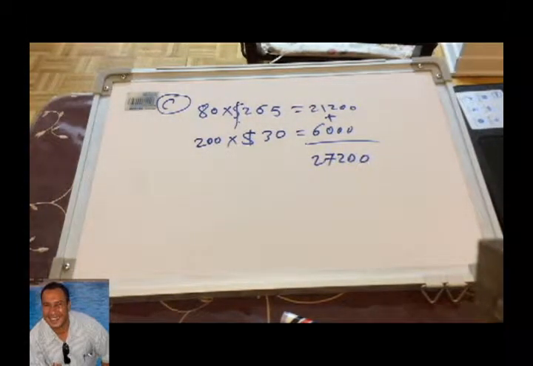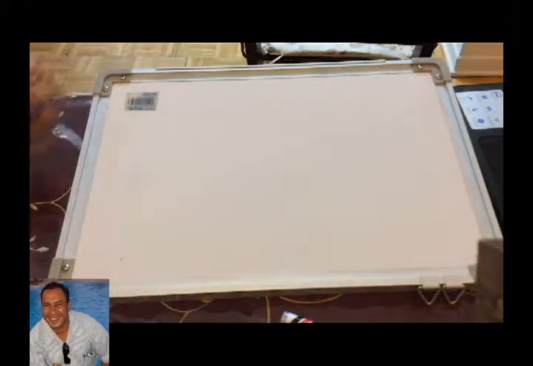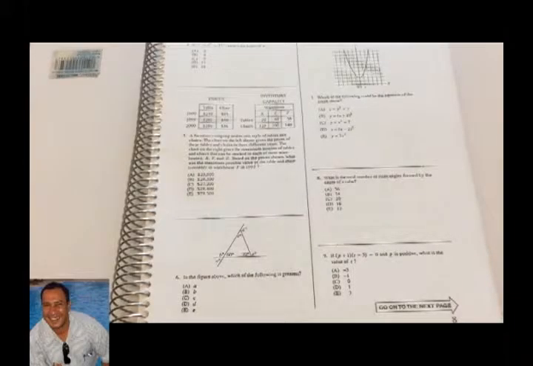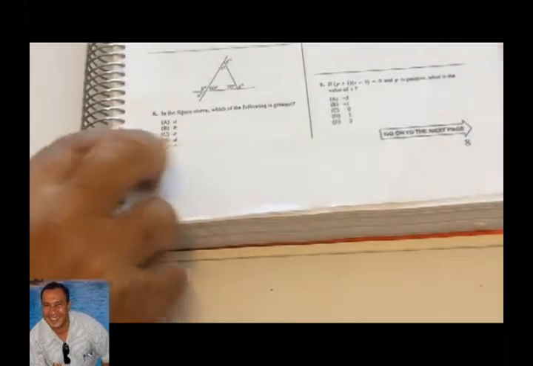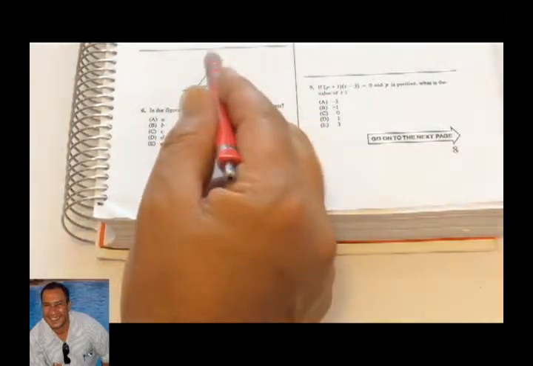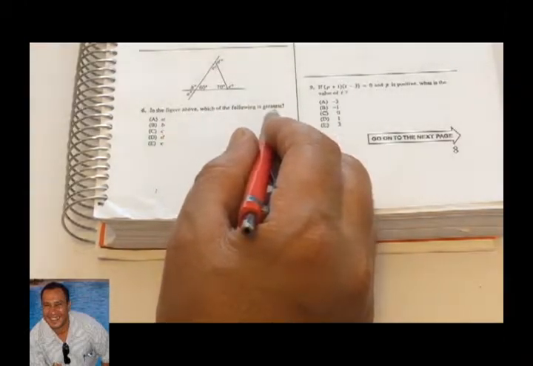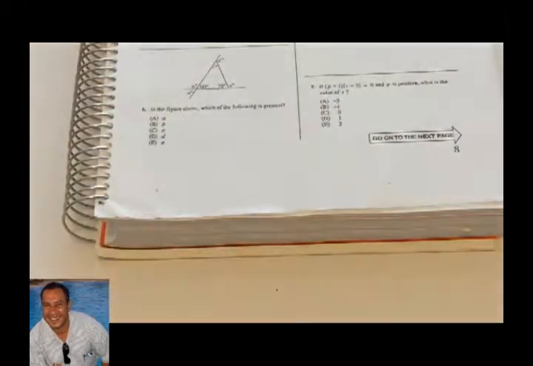Let's look at problem number 6. This problem states we have a figure with three lines. In the figure above, which of the following is greatest?